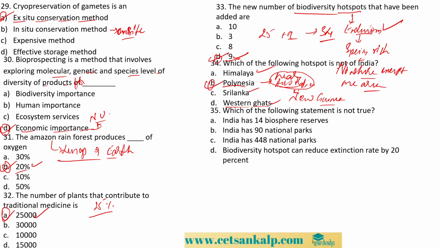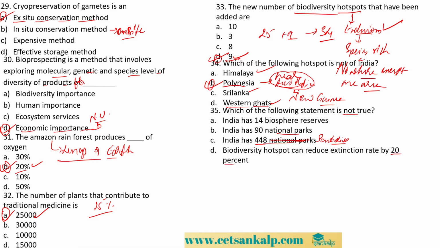Now, which of the following statements is not true? India has 14 biosphere reserves. India has 90 national parks, and India has 448, sorry, not national parks, 448 sanctuaries. And biodiversity hotspots can reduce extinction by 20%.